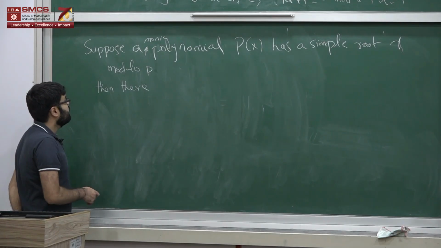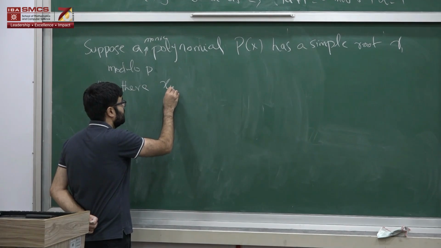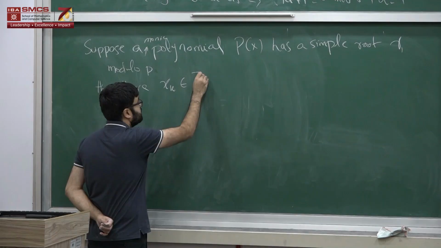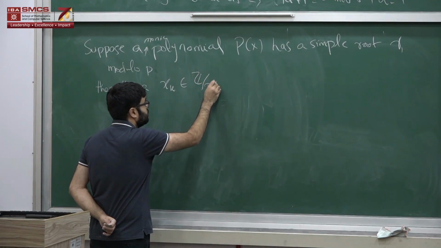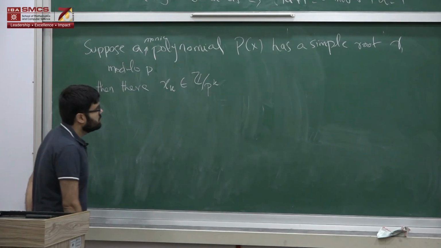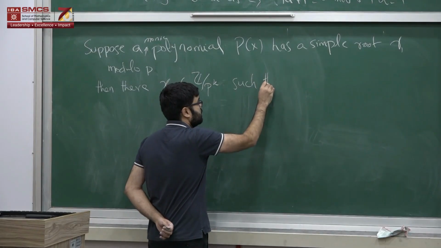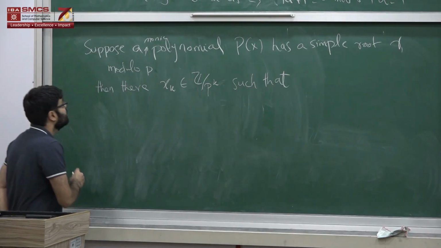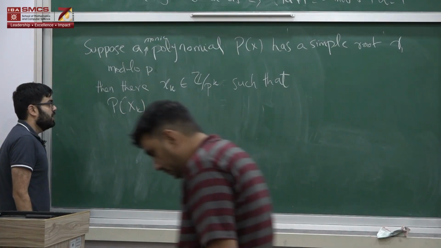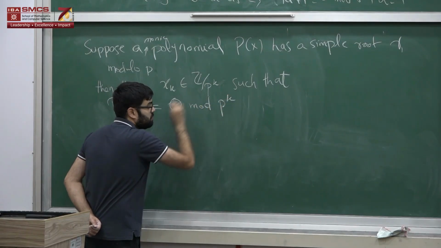And so, then there are x_k in Z mod p to the k, such that p of x_k is 0 mod p to the k.